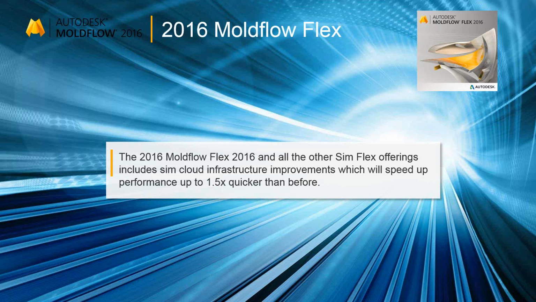The machines in the cloud have been refreshed and now have a lot more memory. I believe 256 gigabytes of memory are available now, and they're significantly faster than before. So if you're using Moldflow Flex, you'll see a very big tick up in analysis speed, I hope.